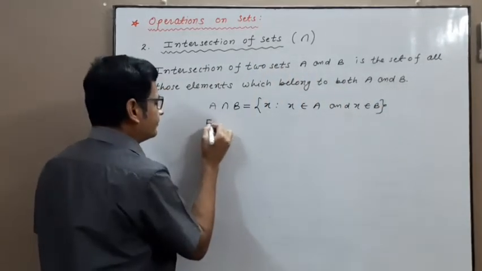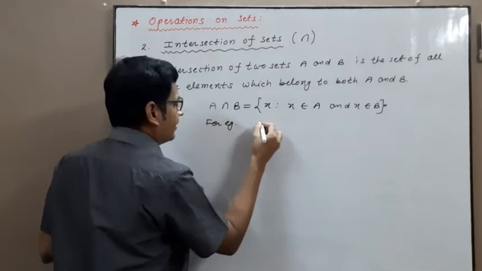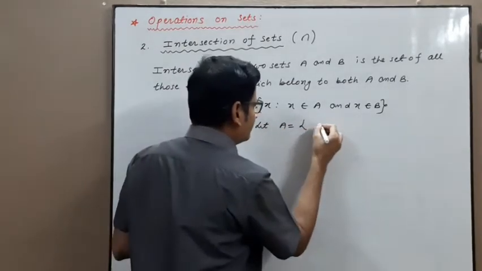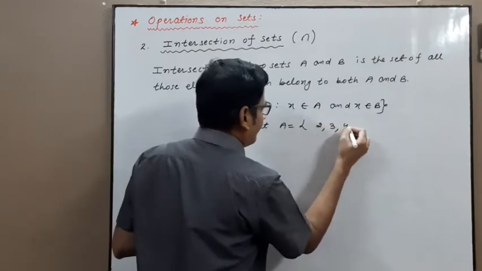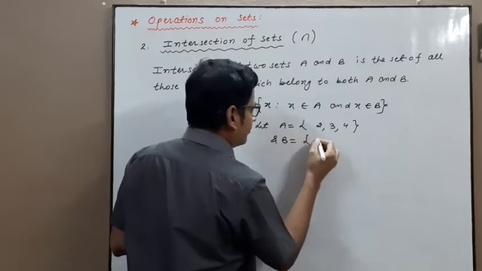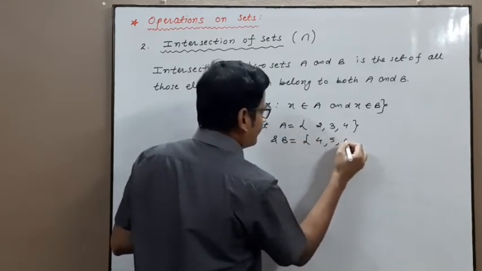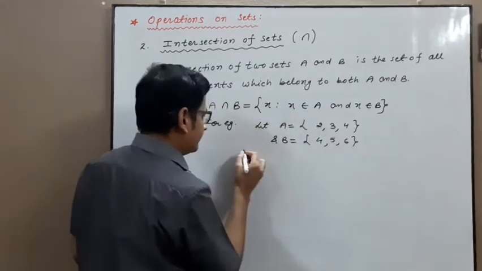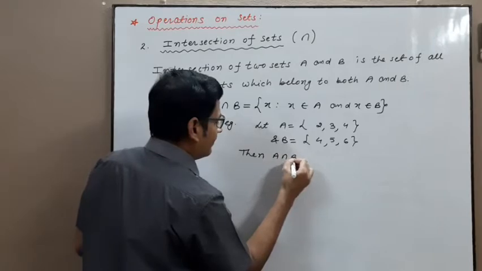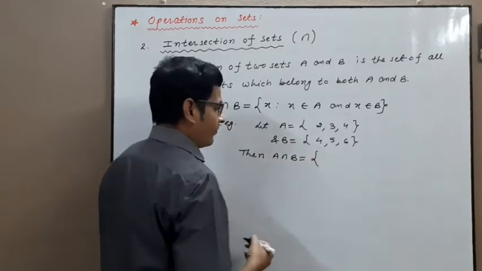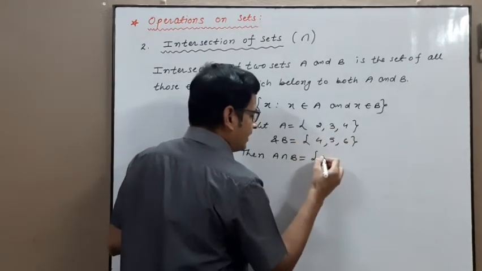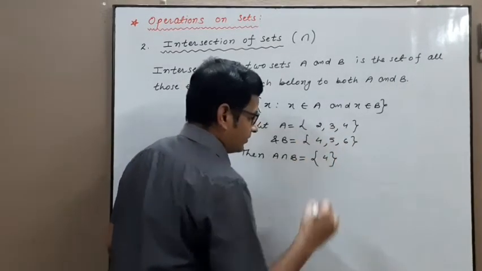For example, let A is equal to {2, 3, 4} and B is equal to {4, 5, 6}. Then A intersection B is the set of common elements. Only 4 is the common element. So A intersection B is {4}.